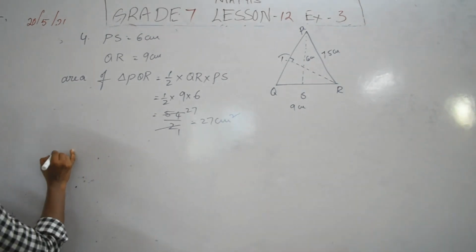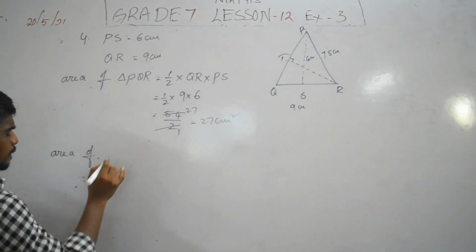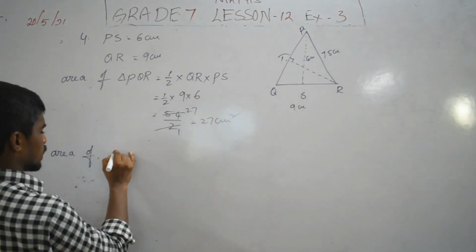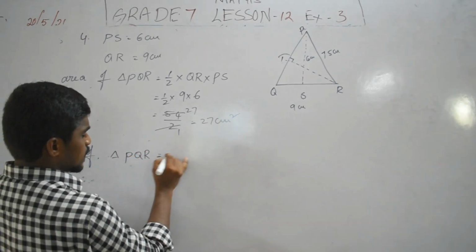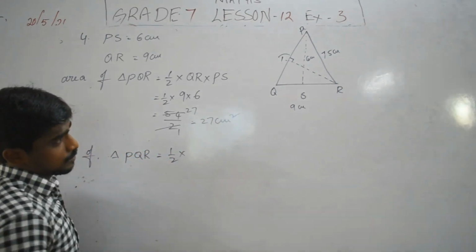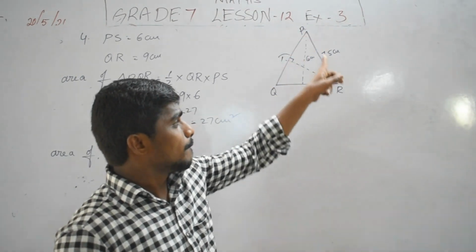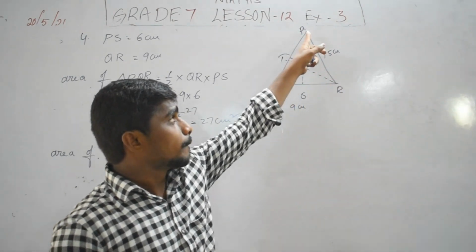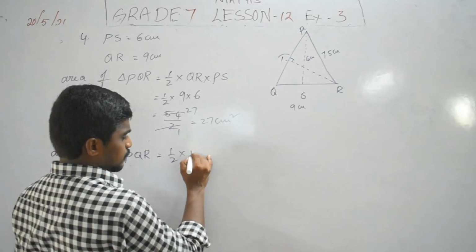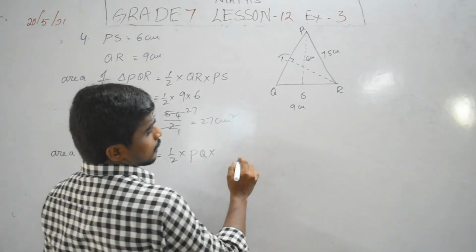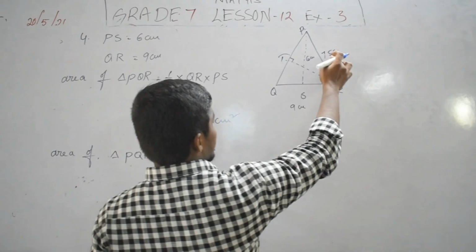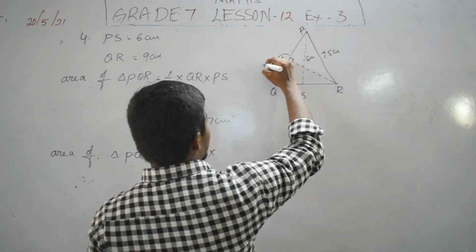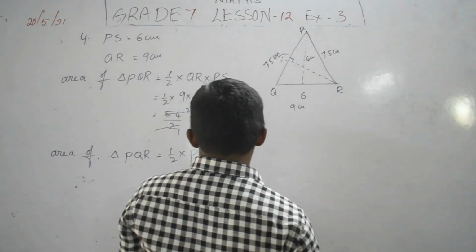Next one, area of the triangle PQR. Here see, 1/2 times PQ height. PQ how much they are given? So isosceles triangle, so two sides are equal. So this is automatically 7.5 centimeters.